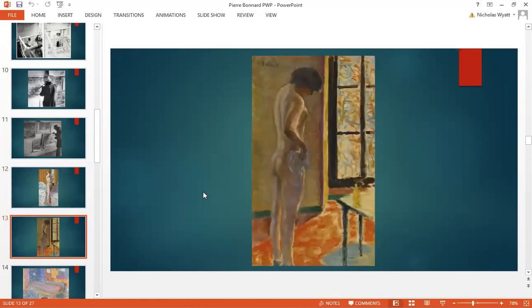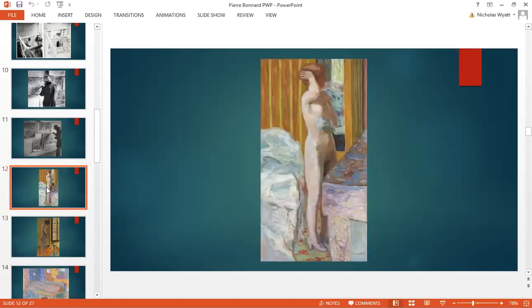And so you can see how he's beginning to get a sense of colour developing as a quality that is to be explored in its own right in his paintings.